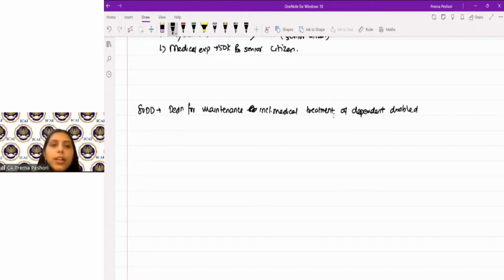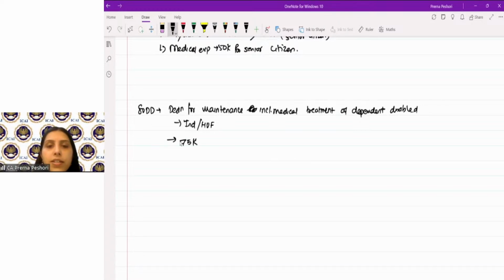Now, this is for individual as well as HUF. Any amount for the medical treatment, training, rehabilitation of a dependent who is a disabled person qualifies for the deduction. Now, what is the quantum of deduction? Including the medical treatment amount, this is 75,000.